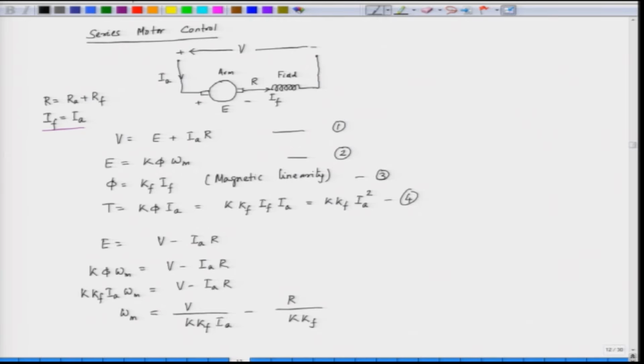It relates the speed with the current, but we ultimately want speed as a function of torque. So, from equation 4 we can say that T is equal to k kf into Ia square. From this we can say that Ia is equal to under root T by k kf. If you substitute this value of Ia in equation 5, we get the following.